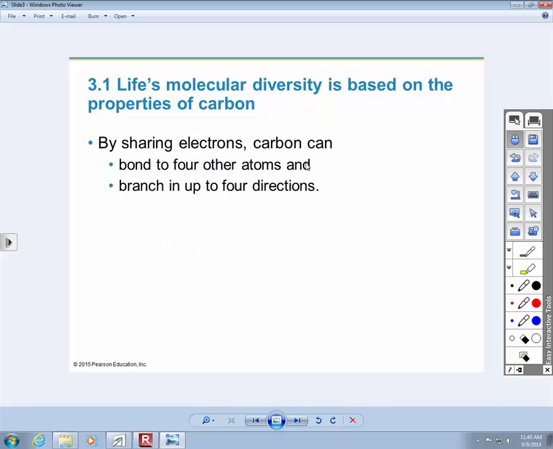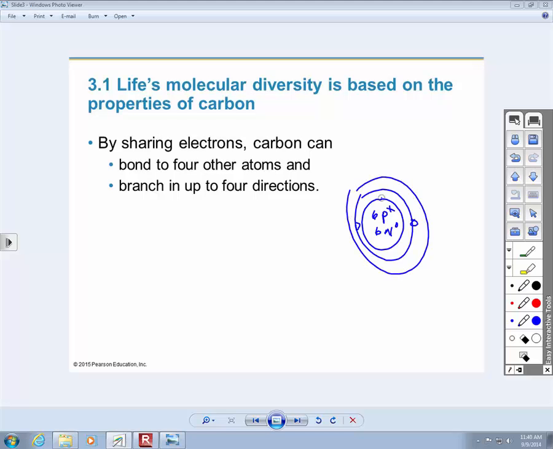And so carbon has a total of 6 protons if you look at it on a periodic chart. Carbon has 6 protons, 6 neutrons, 6 electrons, 2 in the first shell, and then 4 in the second shell. Well, if I want to have a filled outer shell, I need 4 more electrons. So it typically covalently bonds with 4 other atoms.